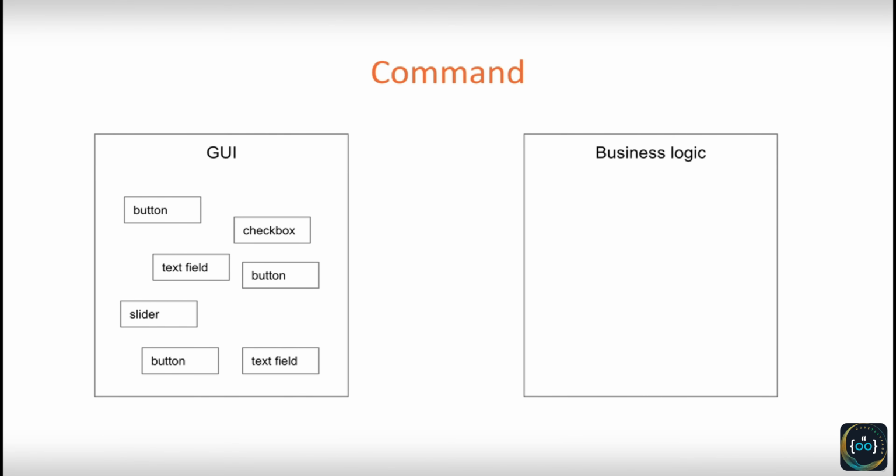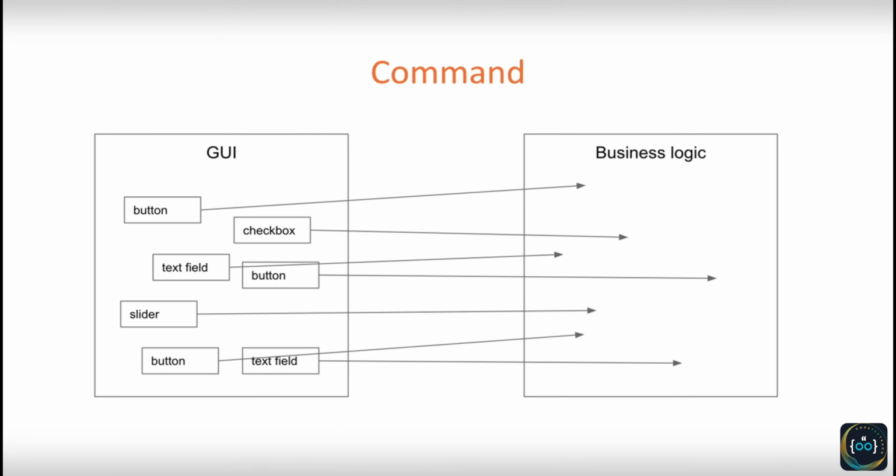The GUI will be made up of some components, a few buttons, some text fields, sliders, and so on and so forth, right? Now, each of these components on the GUI side will want to interact with the business logic. There is a separation of concerns there. The GUI takes input from the user and invokes some requests, some functionality on the business logic.